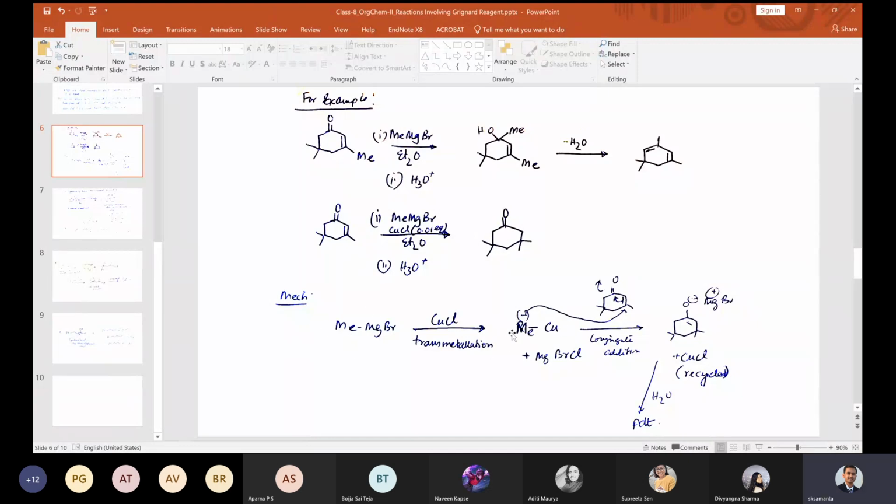And here it forms a little bit less violent reagent, as methyl magnesium bromide is highly reactive. But when it reacts with copper chloride CuCl, then it forms methyl copper, which has radical character and is a bit soft in nature. Generally a chemical which has a little bit higher chemical potential wants to go towards lower potential, right?